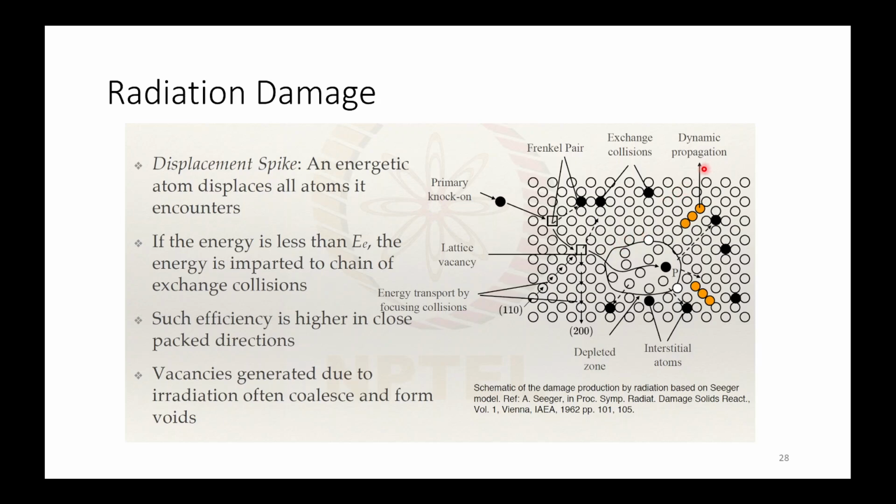In this direction and in this direction they have different density, so along slip directions, which are highly packed directions, rolling and deformation is much easier compared to the other directions.